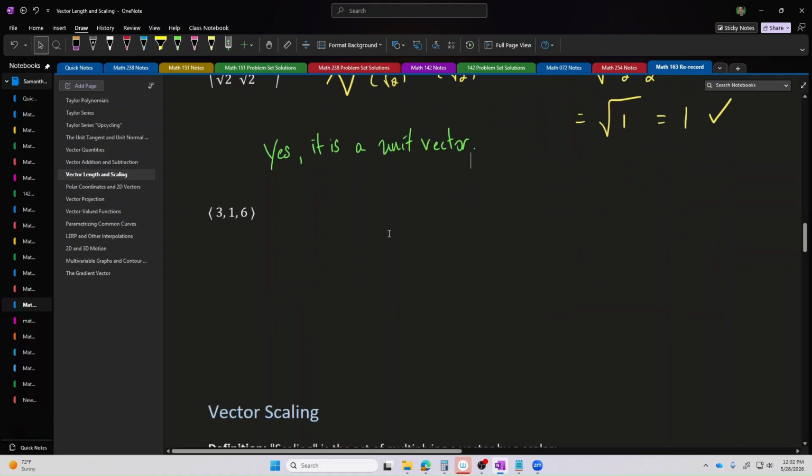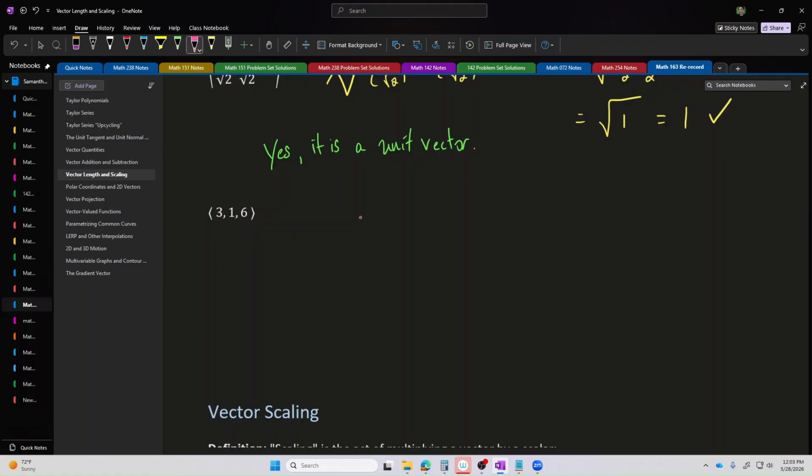And for the final example, someone gives me the vector 3, 1, 6. I think we can answer this question without doing any calculations at all, right? There is no way this guy is a unit vector. It is obviously way too big. Already, just the x component is too big, right? Just the x component of 3 already makes the vector too long.